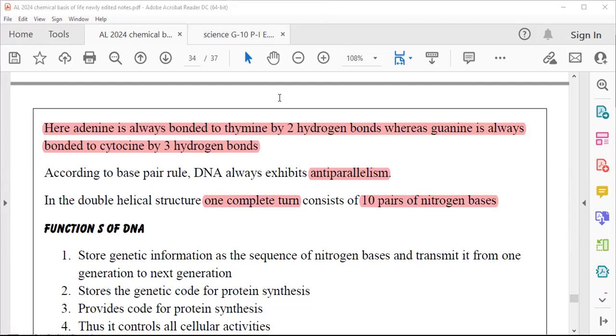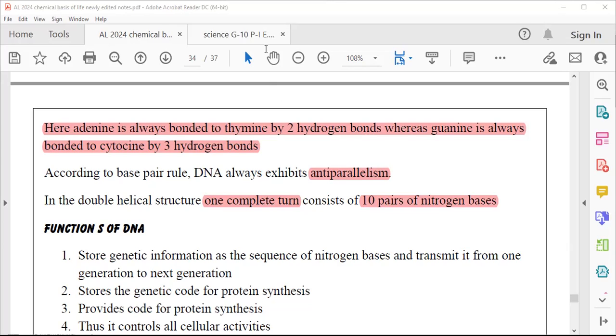So 20 bases occurring in 10 pairs. That is how to understand.